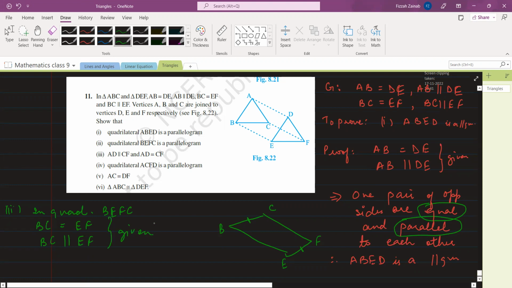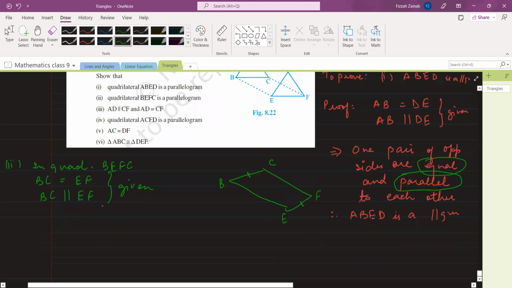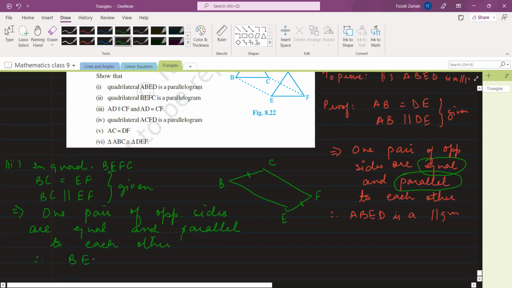So again, we can say that here one pair of opposite sides are equal and they are parallel to each other. And therefore we can say that BEFC is a parallelogram. Understand? Yes, ma'am. Okay.